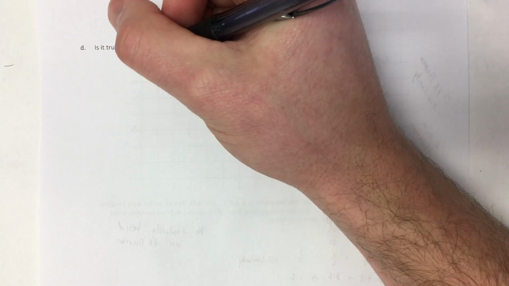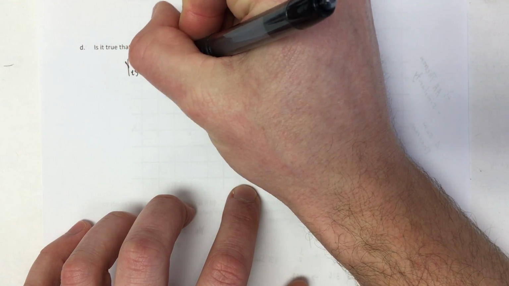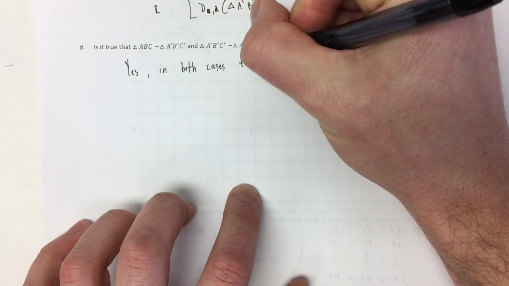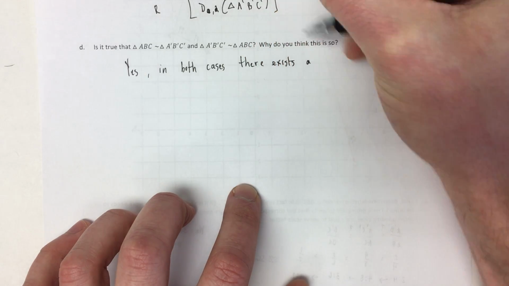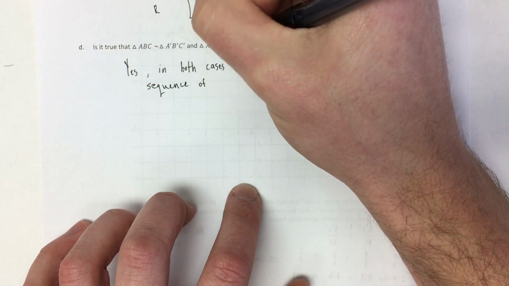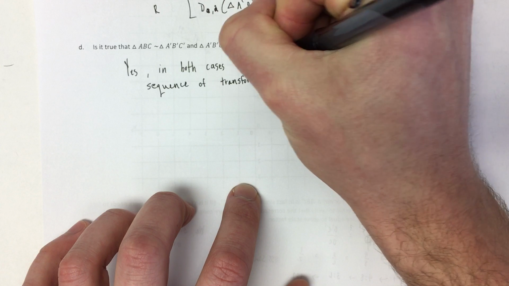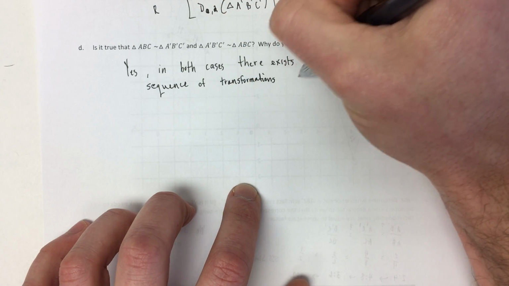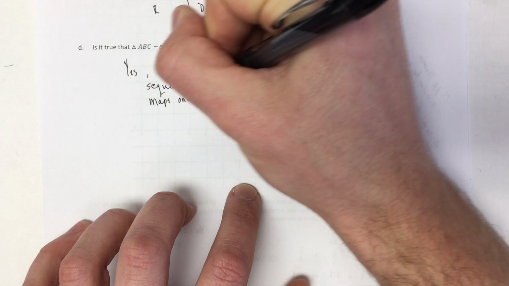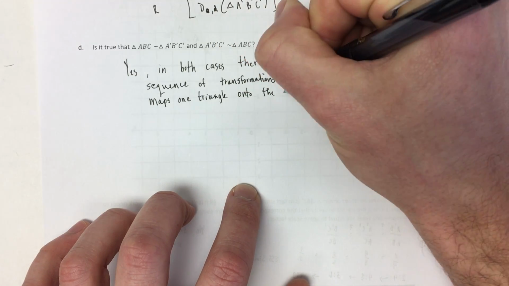In both cases, yes, there exists a sequence of transformations that maps one triangle onto the other.